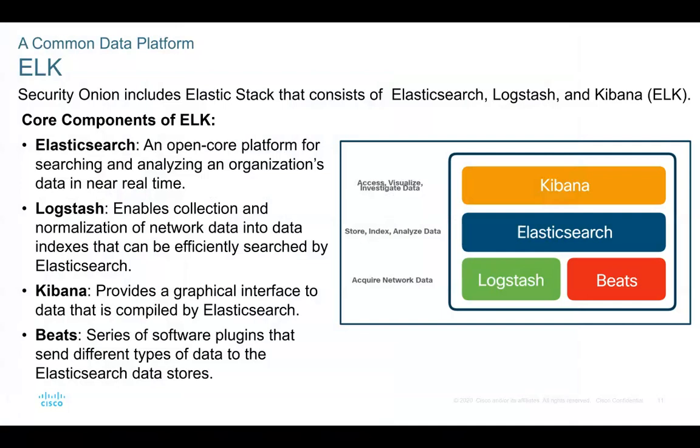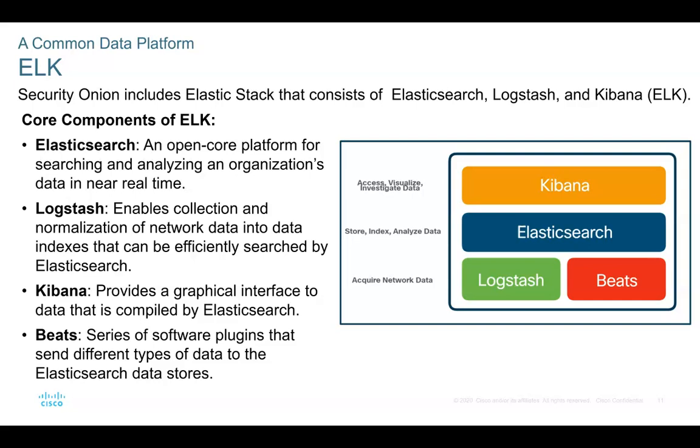Now, Security Onion consists of the ELK stack, so please write these down. The ELK components are Elasticsearch, which is an open platform for searching and analyzing data in real time. We have Logstash, which enables the collection and normalization of data.